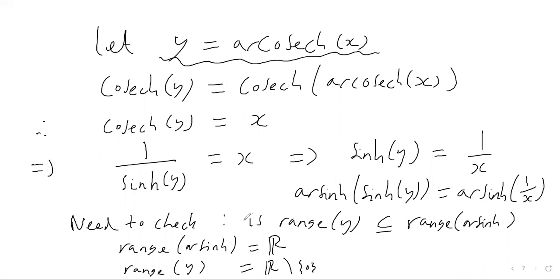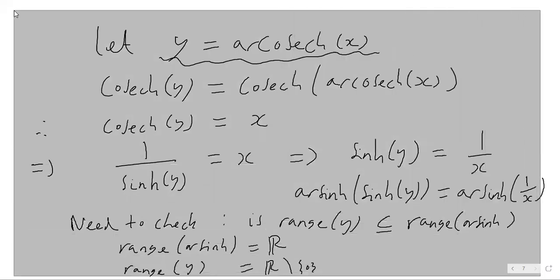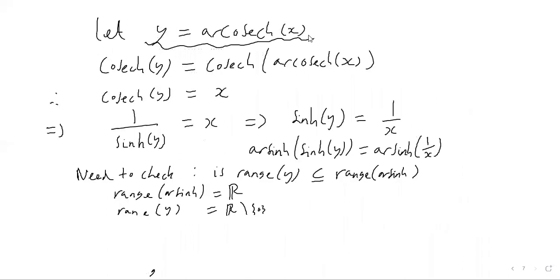So what can we see? The range of y, the real numbers apart from 0, is contained within the full set of real numbers, because it is a subset of the entire real set. And so therefore, we can use this arsinh function on both sides of the equation, because it will be defined.